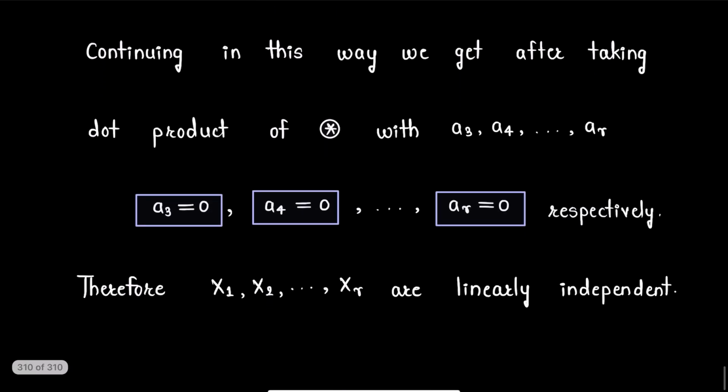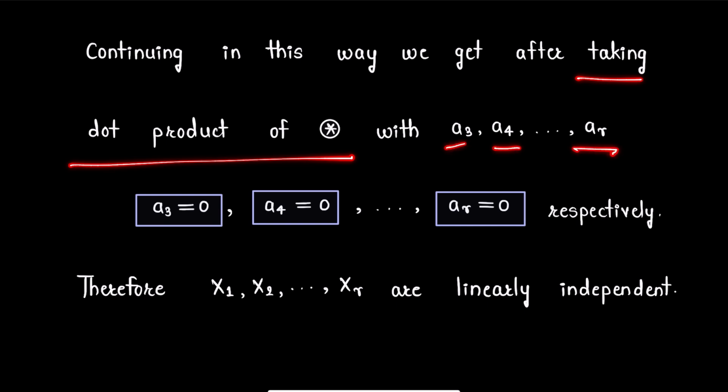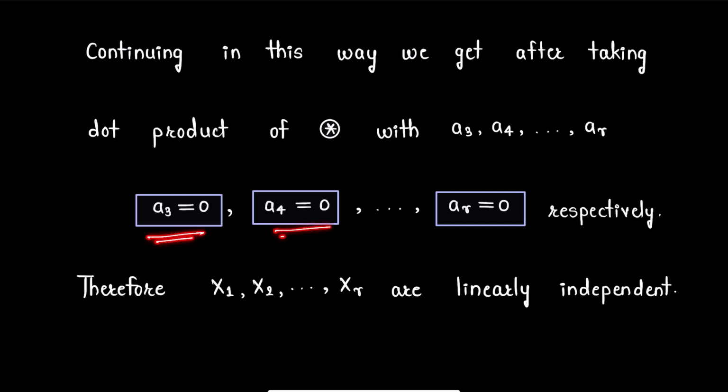Now if we continue this process, after taking the dot product of expression star with x3, x4 up to xr, we will get a3 equals to 0, a4 equals to 0, similarly ar equals to 0 respectively.